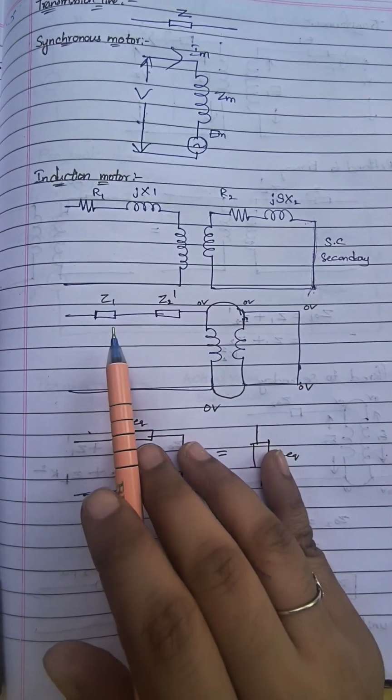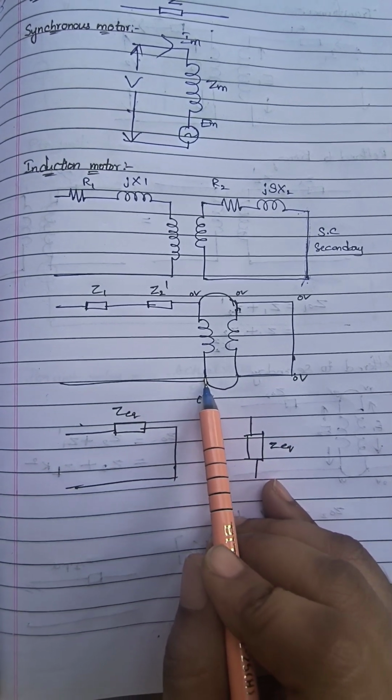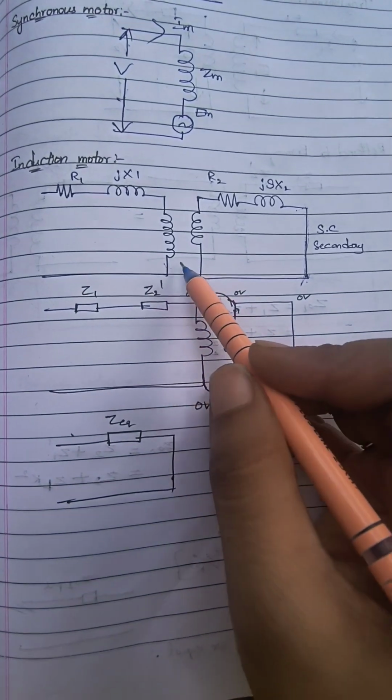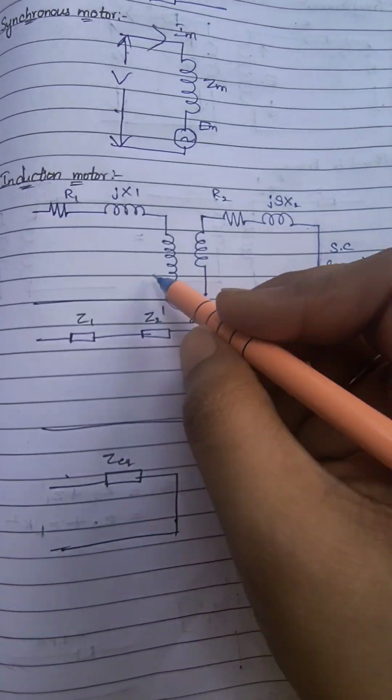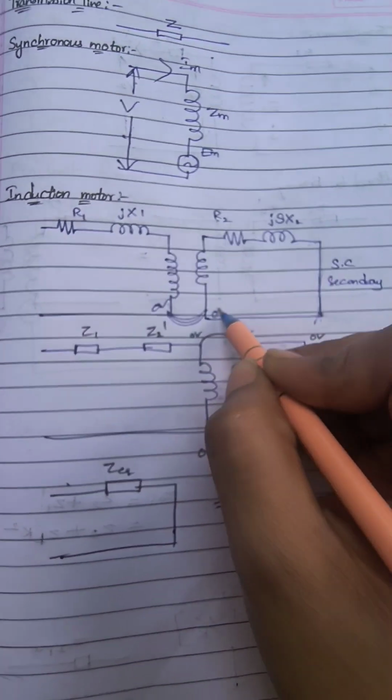In the induction motor, the voltage here is the same because here 0 volts and here also 0 volts.